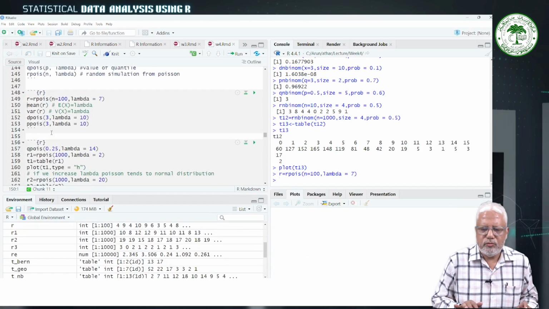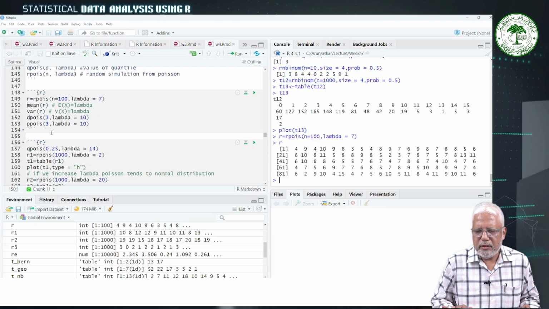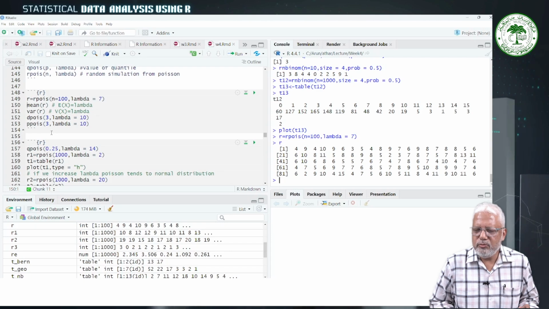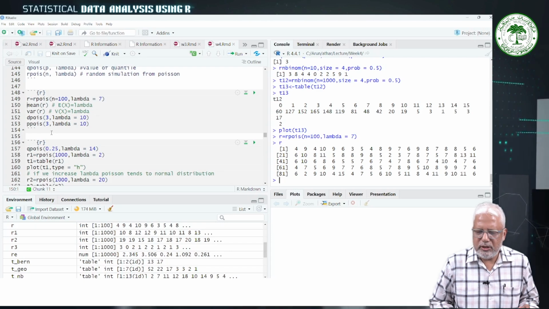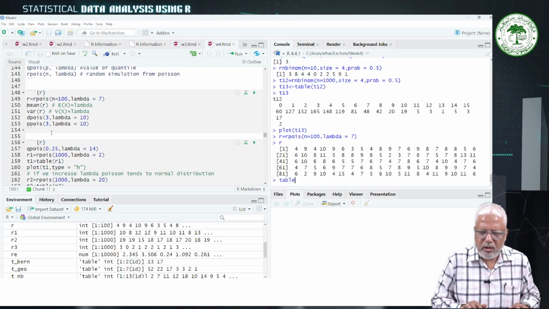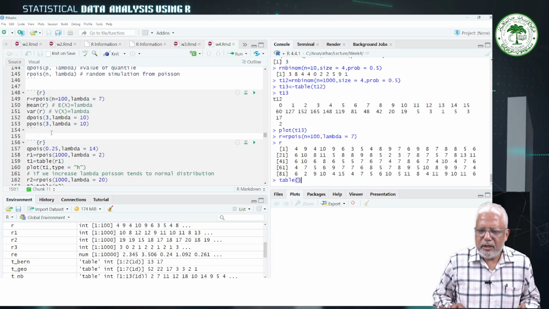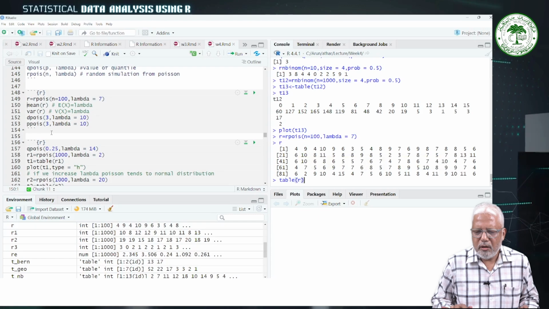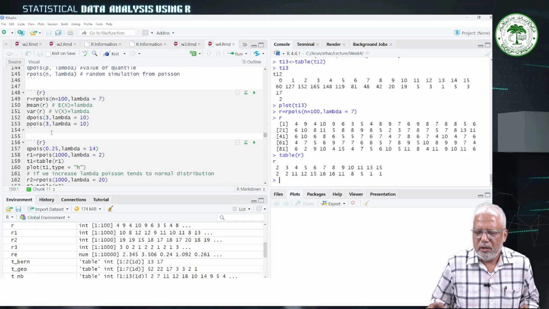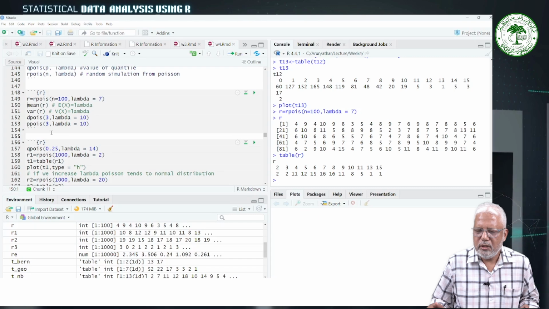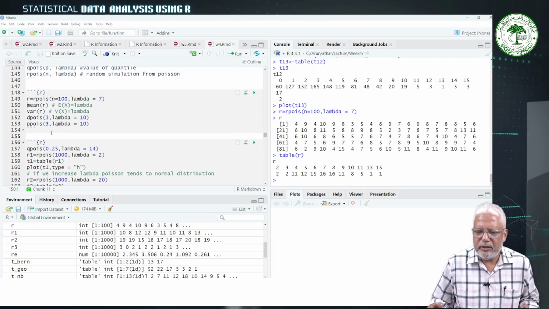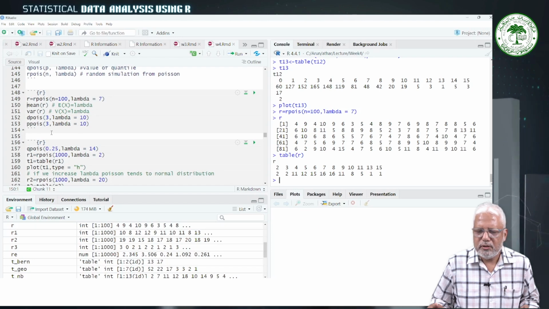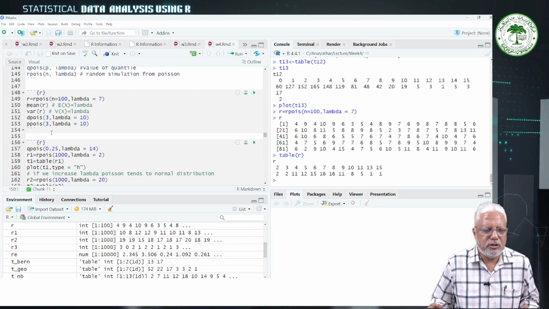Control plus enter. These are the 100 observations from the Poisson distribution with lambda equal to 7. If we make a table of it, see, this distribution is somewhat right skewed, or somewhat symmetric; it is not right skewed.